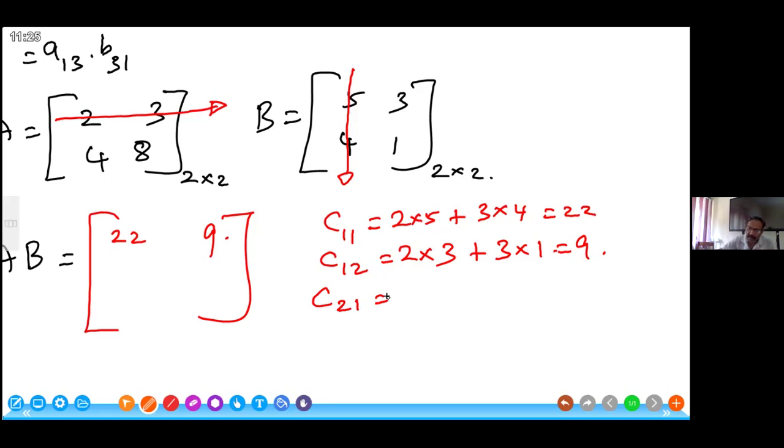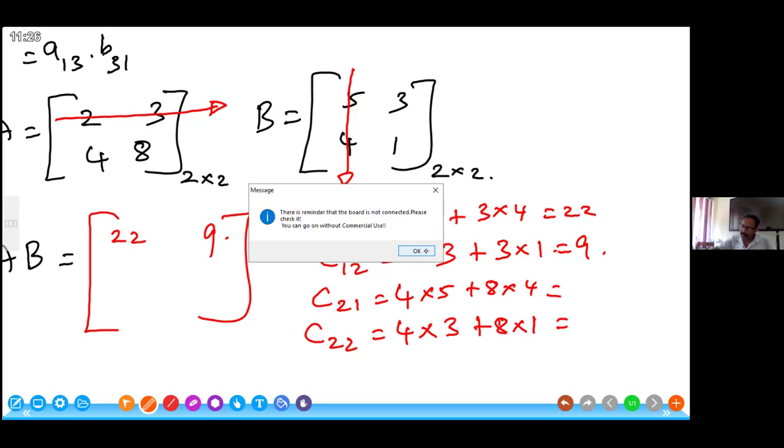C21 is equal to 4 into 5 plus 8 into 4. C22 is equal to 4 into 3 plus 8 into 1.